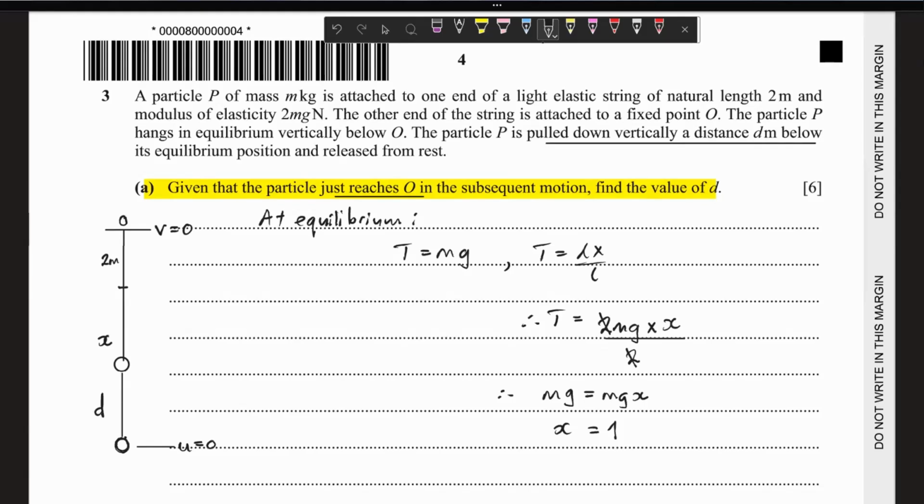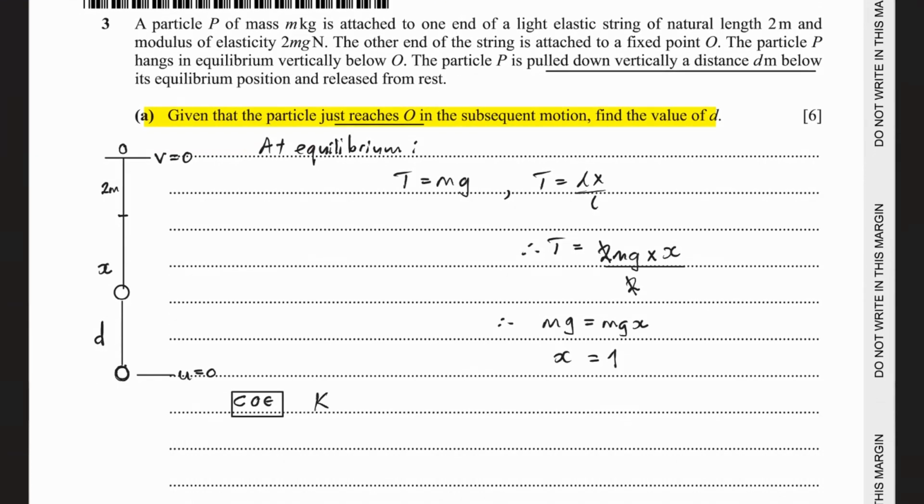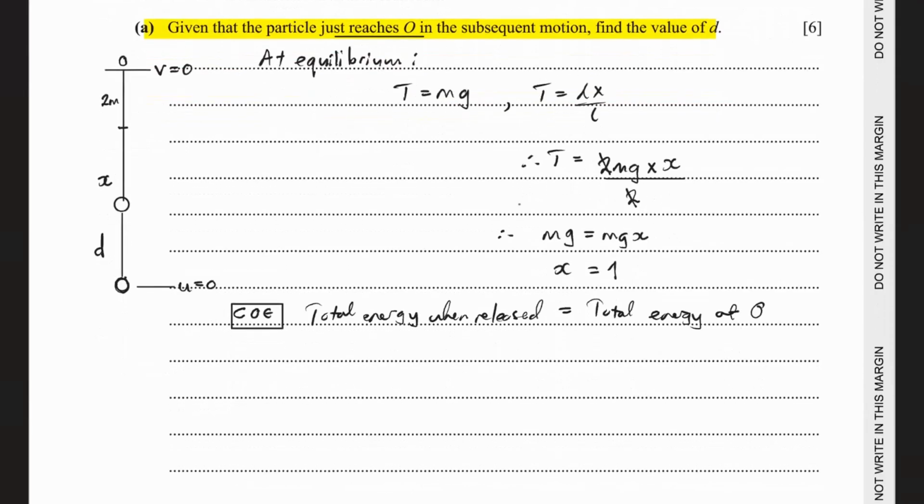So we're going to apply the principle of conservation of energy, where we're going to say that the total energy when it was released is equal to the total energy when it just reaches O. So the total energy when this particle was released from this position, this level, the kinetic energy is 0.